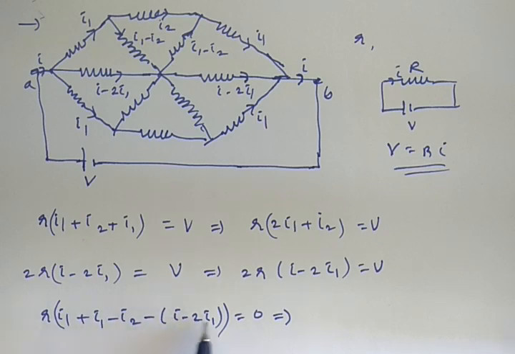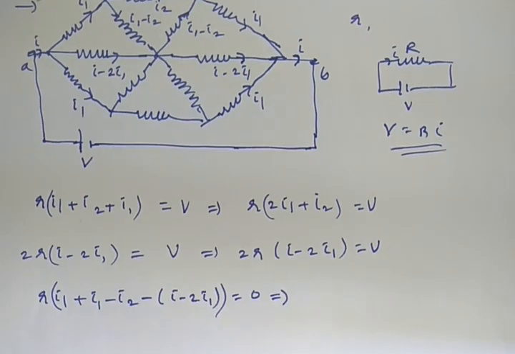Then you get minus I minus 2 I1. So that implies, see here I1, and here there is 2 I1, then it is total 4 I1, and I2 is only a single I2, and I is only this one, so that will be equal to I. So this is one equation.